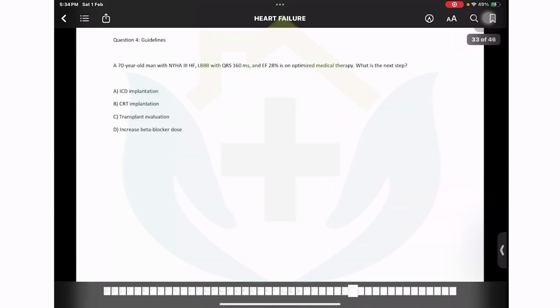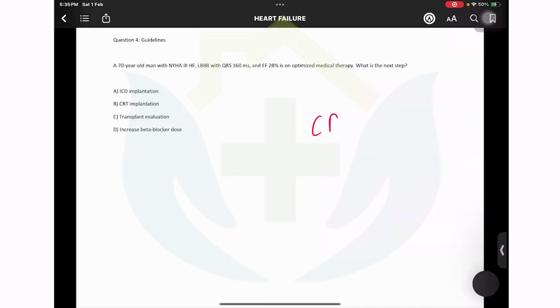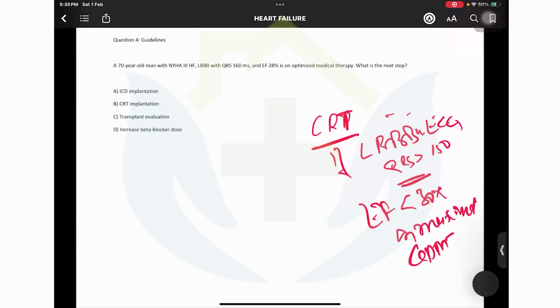Now, the next question is 70-year-old man with NYHA class 3 heart failure, LBBB with QRS of 160 and above. I forgot to tell you, you can go for cardiac resynchronization therapy, CRT, if the patient has a left bundle branch block in the ECG, right, with QRS duration of more than 150, and EF of less than 30% on maximal GDMT, that is goal-directed medical therapy.